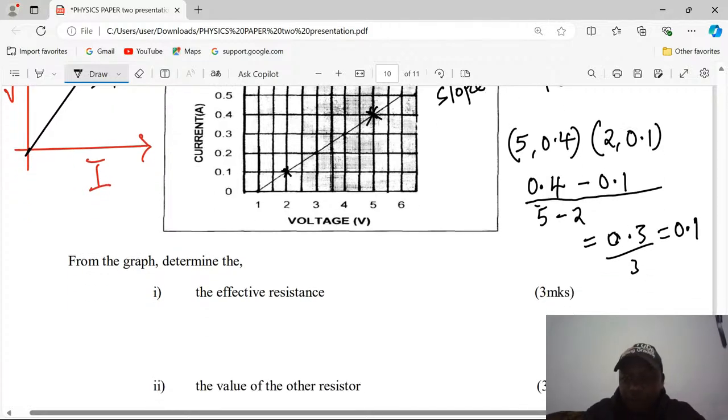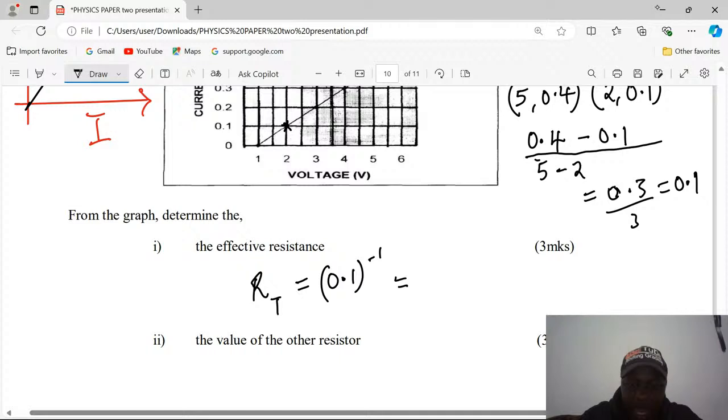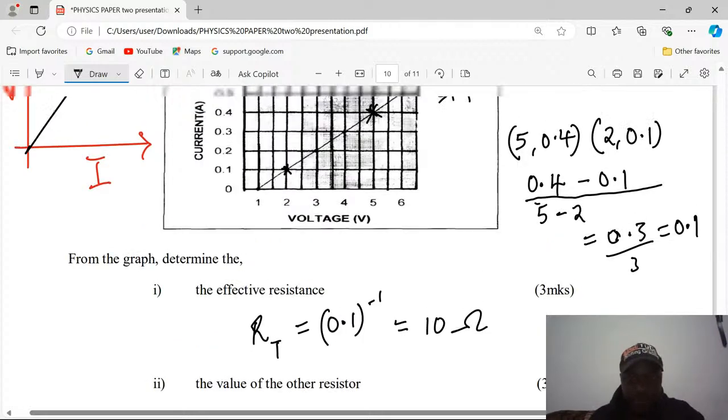If the slope is 0.1, then the effective resistance is going to be the reciprocal of the slope, and the reciprocal of the slope is going to be 10 ohms. So the effective resistance is 10 ohms.